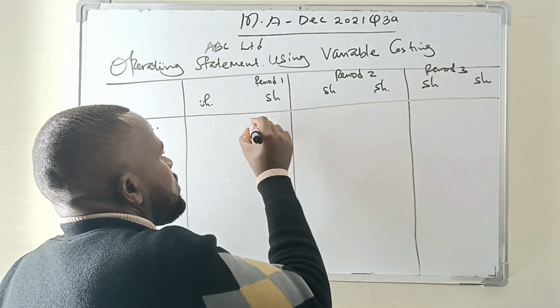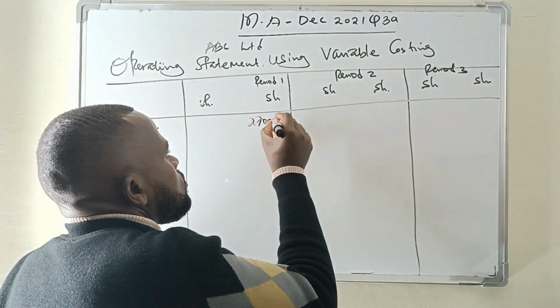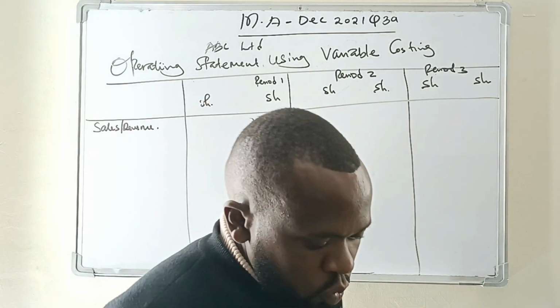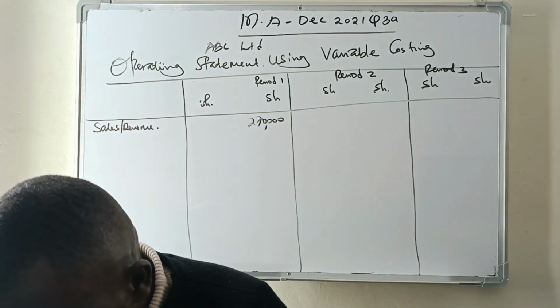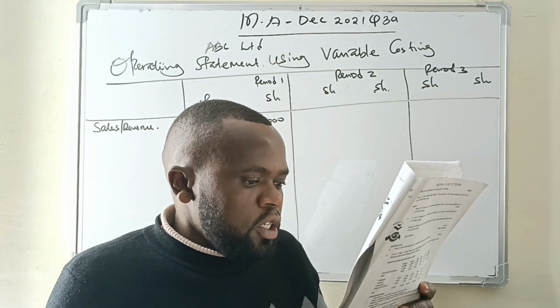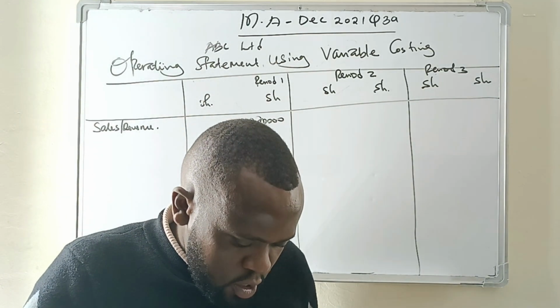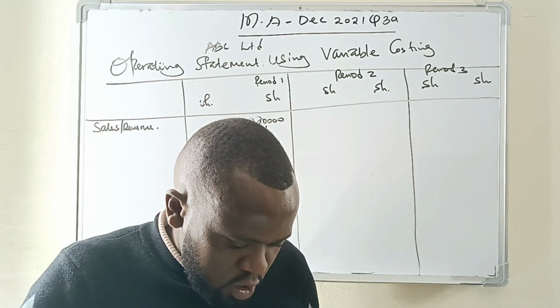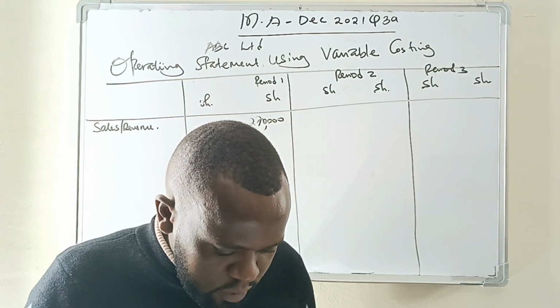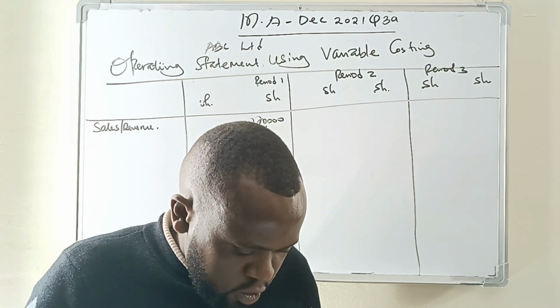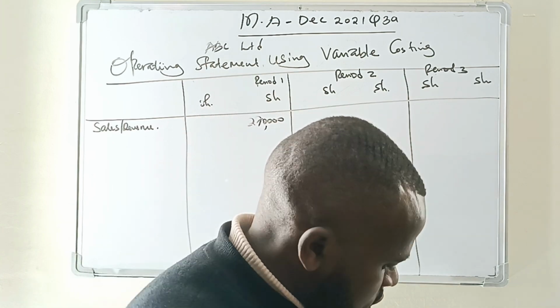So sales for period 1 is 270,000. I want to do the sales for each period. Period 2, we sold 27,000 multiplied by 9 shillings. I'm getting 243,000.